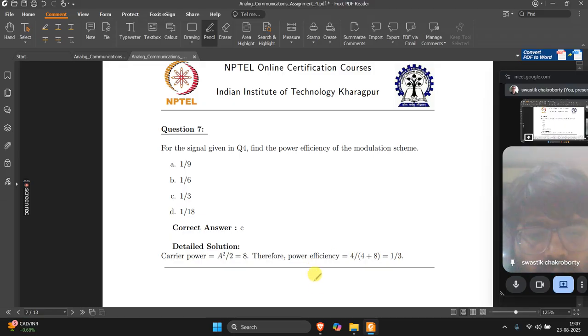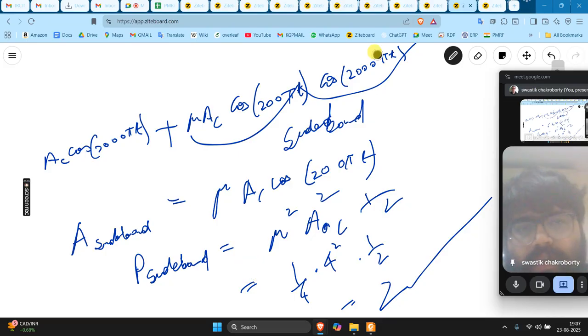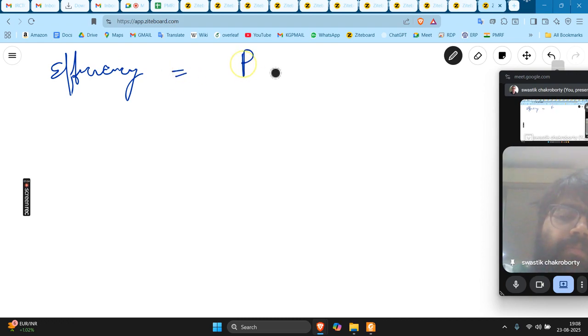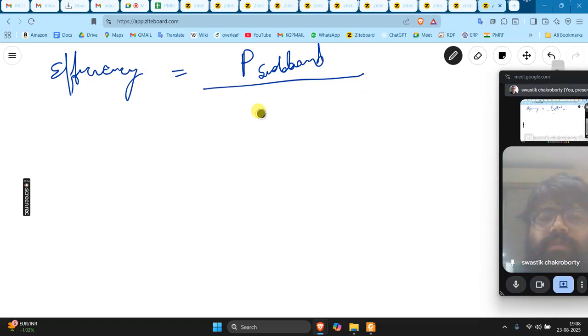Now, what is the modulation power efficiency? Efficiency of the modulation is defined as P sideband by total power, because the sideband contains the message. So we want the sideband to be as much as possible of the total power. Total power is P sideband plus P carrier.